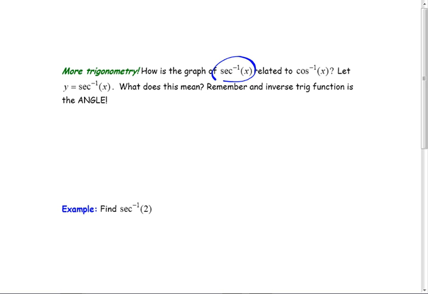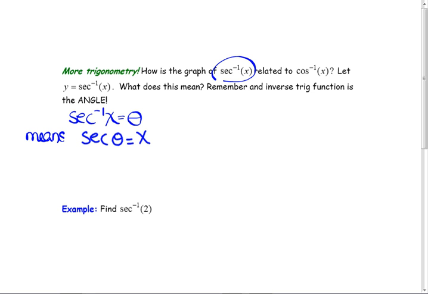So if I have this, there's a variety of ways you can work through this. So remember, an inverse trig function is an angle. So that means the secant of my angle is equal to x.